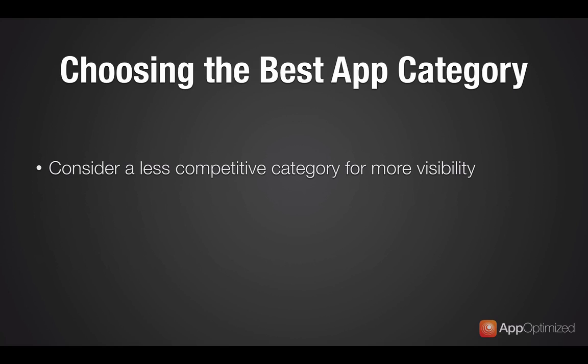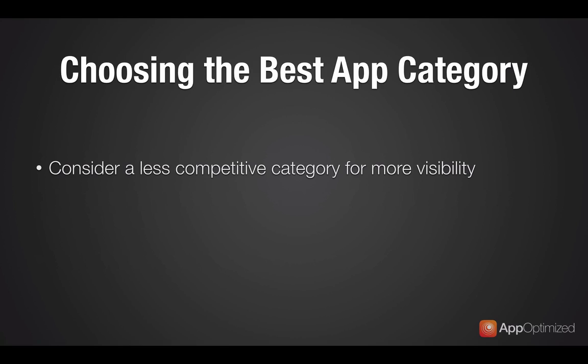So if the category that your app is going into is very, very competitive, and if you've done a search and there are many players competing in that category for the same function that your app does, it may be strategic to look at a less competitive category for more visibility.